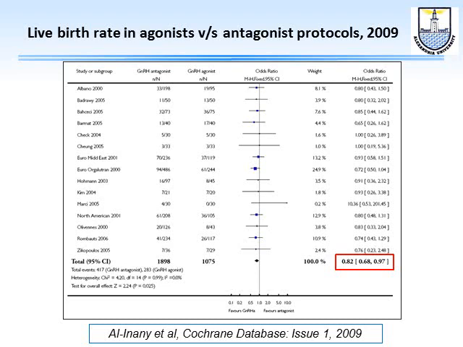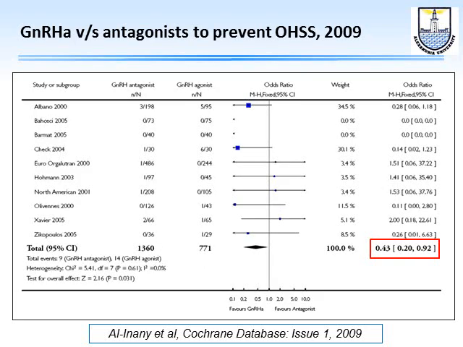He said the live birth rate was better, but the antagonist protocol had its own advantage, which was to diminish the ovarian hyperstimulation syndrome. So yes, the antagonist protocol is very good at diminishing the ovarian hyperstimulation syndrome, but it is associated with a lower live birth rate. At least this was what Hesham El-Inani said in 2009.